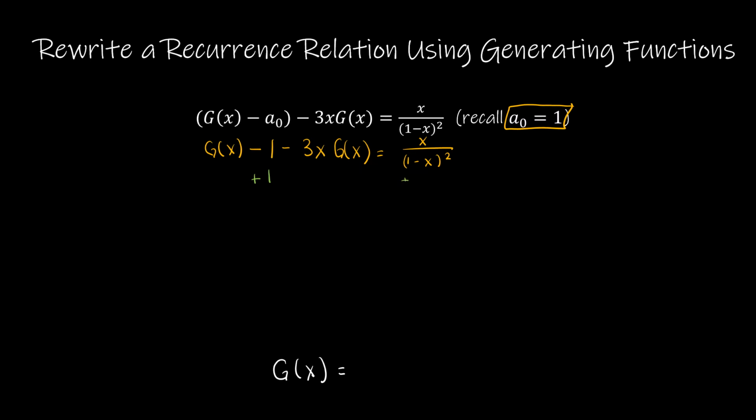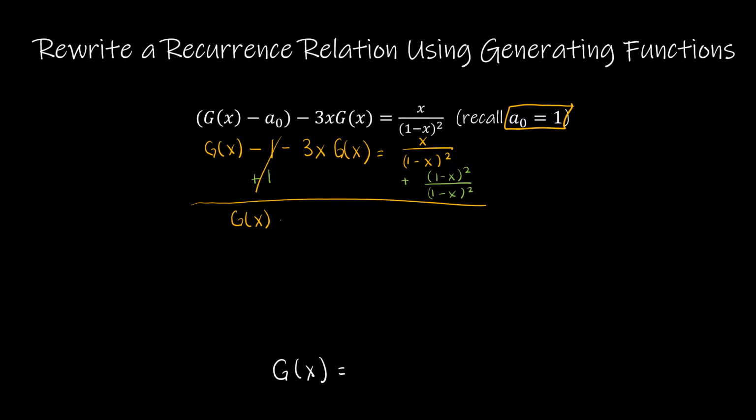And on the right-hand side, I'm not just going to add 1 because I want to add it to the existing fraction that has 1 minus x quantity squared as my denominator. So really I'm taking 1 minus x quantity squared over 1 minus x quantity squared, which is just a form of 1, right?